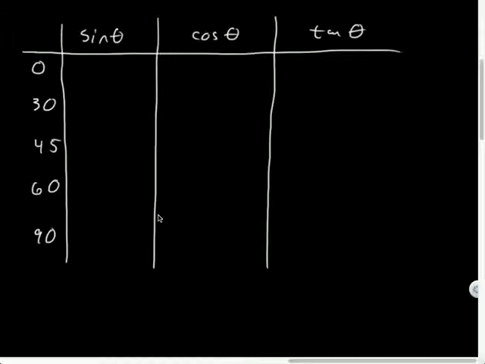These are the angles that we have to have memorized in order to figure this out, right? So these are my thetas. I guess I could even label that column theta.